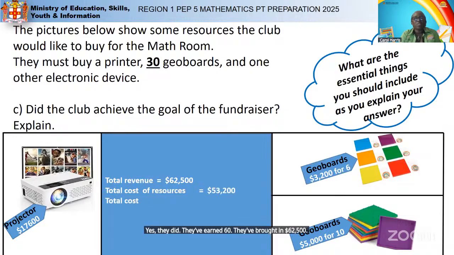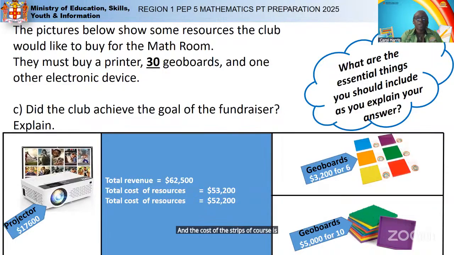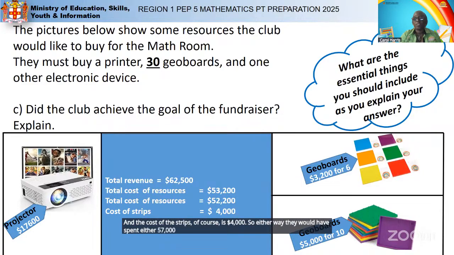The cost of the resources is $53,200, even if we pick the more expensive one. So whichever one they choose, they are within the budget. And the cost of the strips, of course, is 4,000. So either way, they would have spent either 57,000 or 56,000 for their overall costs.